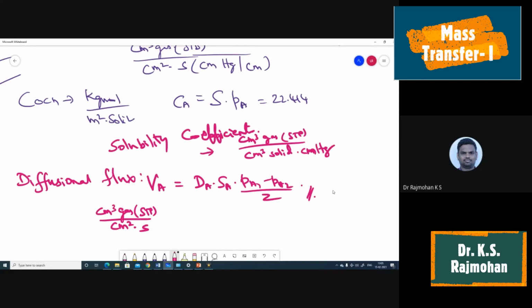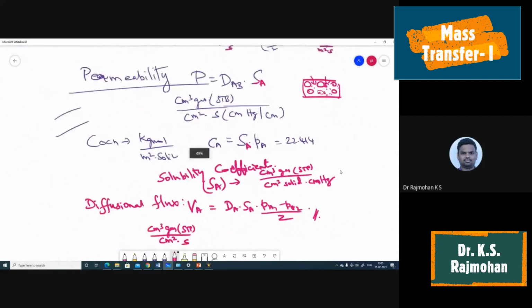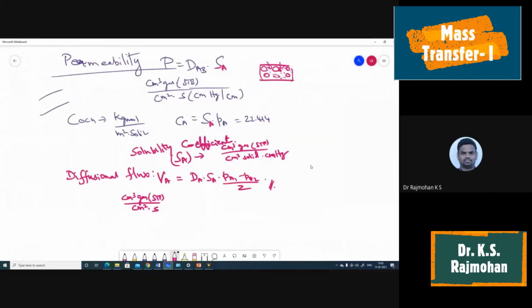Okay, centimeter cube of gas at STP conditions. So in a similar way, the only thing is to convert the given data into concentration. The same way you can solve the previous problem, that other problem also.